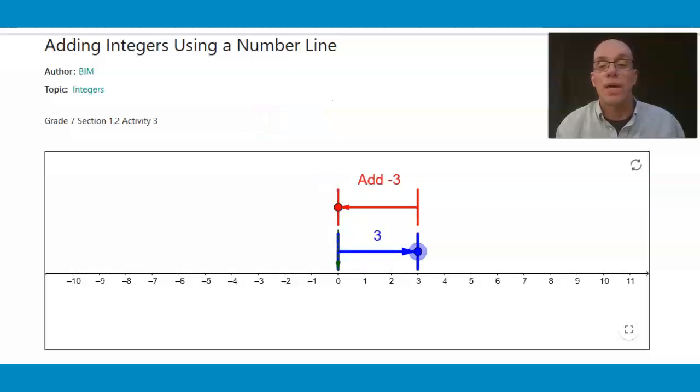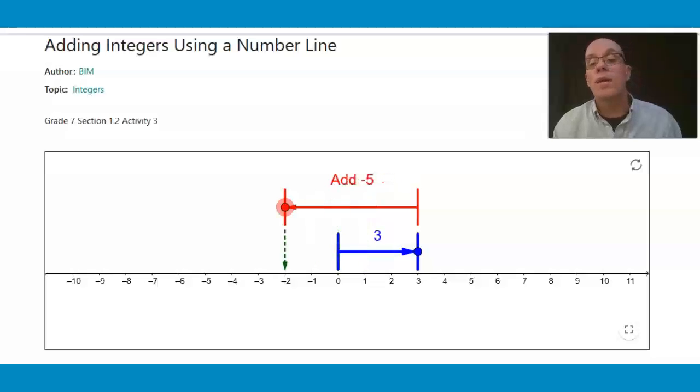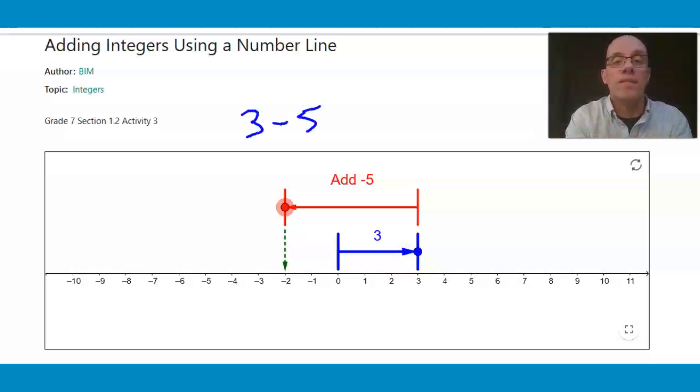We go out to 3, and we subtract 5 off of there. So we had 3, we come back to 0, and we keep going in the negative direction. So 3 minus 5 is the same thing as 3 plus negative 5. So what we're doing here is we're adding the opposite.